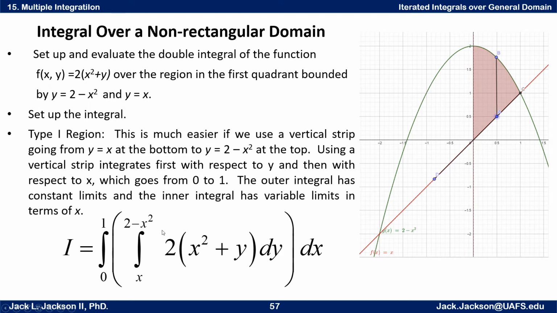When you set up an iterated integral in this manner, the inside integral will have variable limits. The outside integral will have constant limits. The inside integral, if it's with respect to y first, has limits that must be in terms of x, formulas involving x only, functions of x.